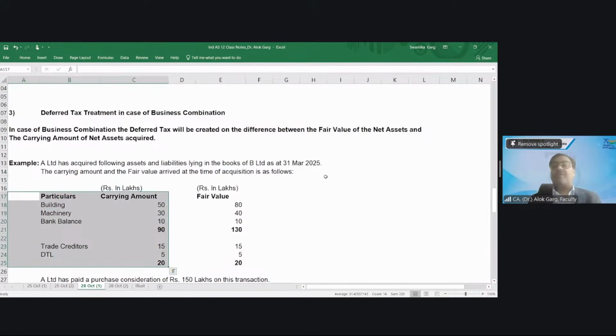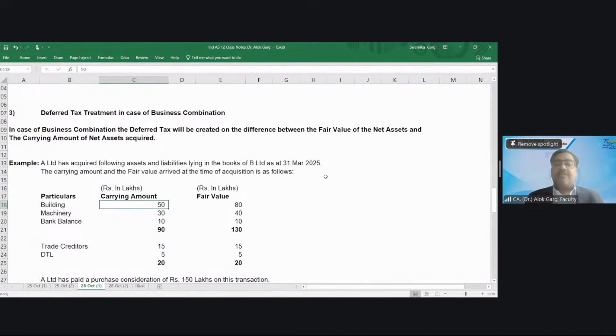It represents the tax payable in the future period. It represents the difference between the carrying amount and the tax base in the books of the acquiree, right? Okay.